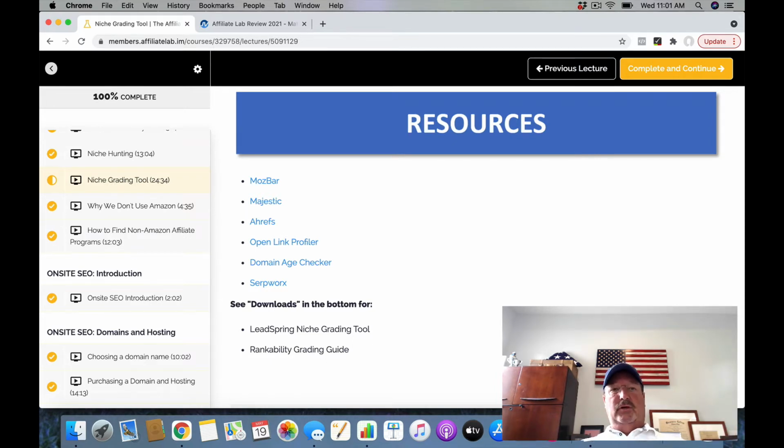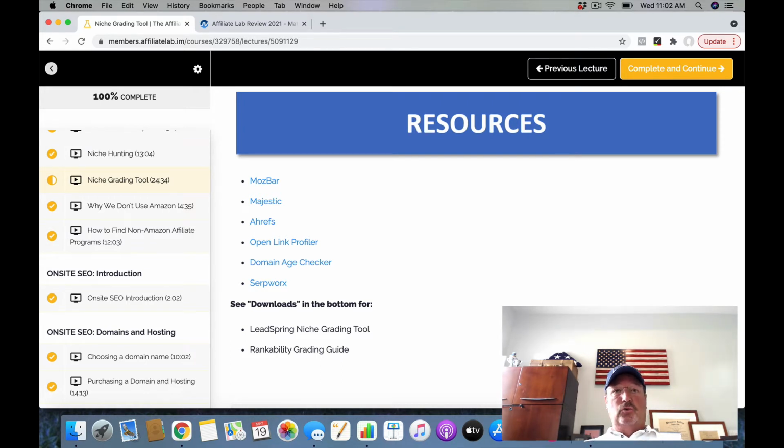The problem is, in my eyes, there's a lot of expensive tools here. Ahrefs, Majestic, and there's others. These are expensive tools that are going to cost you a significant amount of money. I think Ahrefs is $99 a month for the light package, and I think it's $179 a month for the higher package. There are ways around this.